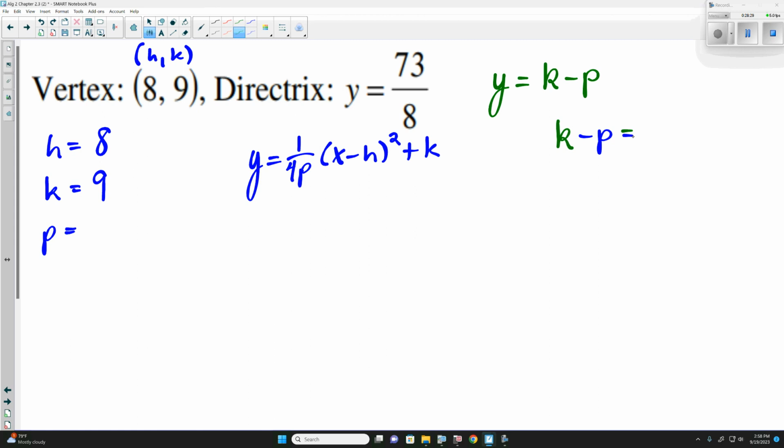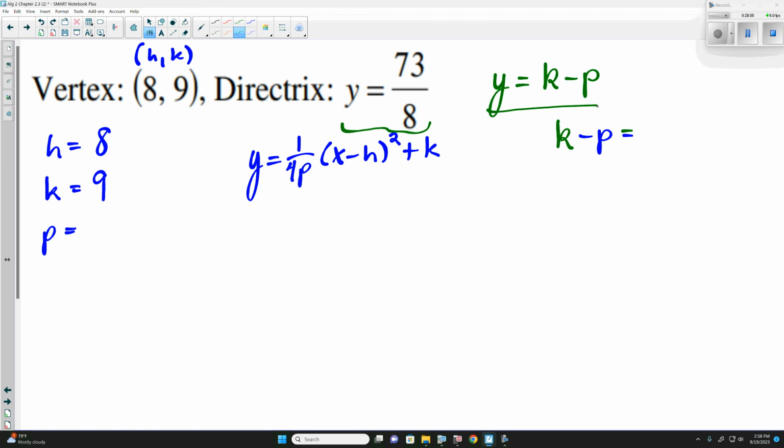So what does it line up with in our directrix? So directrix, y equals, in the general form, k minus p, yes? So in the information they gave us, what is the directrix value?